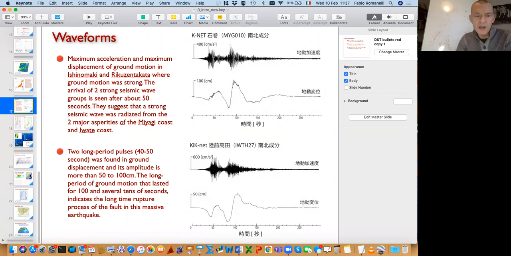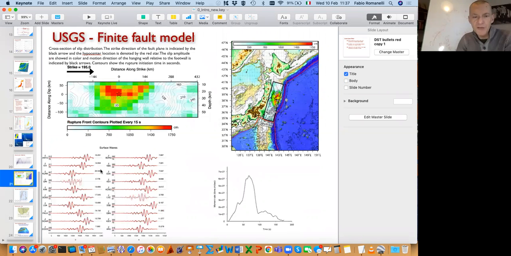For example, one piece of information that you can get from surface waves is this vision. It's just a model of the slip on the fault. Look at the pixels. The pixels here are related to the period of the waves.